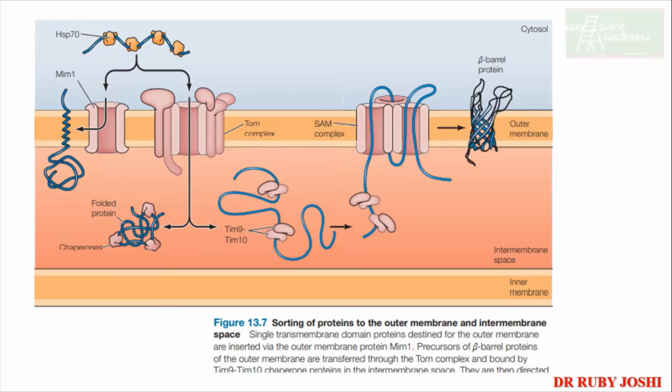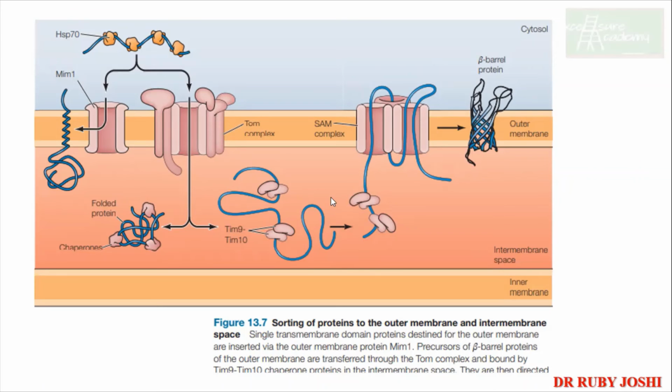Okay, so the same: to the polypeptide chain HSP70 binds, and then on the outer membrane the MIM1 translocase is present, which pushes it into the outer membrane, and on the other side the TOM complex is present, and this whole chain passes into the intermembrane space and then is folded.